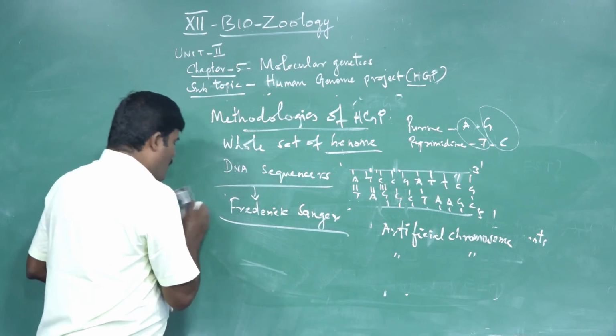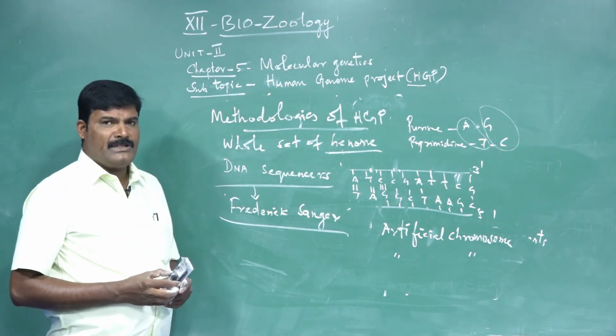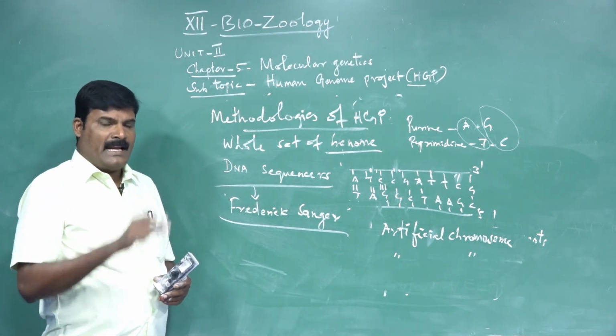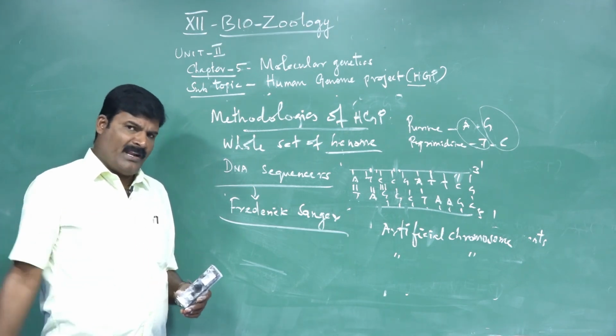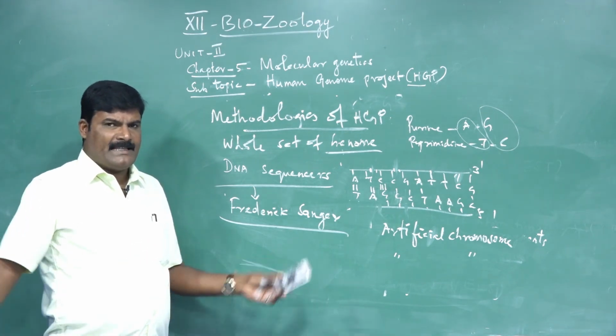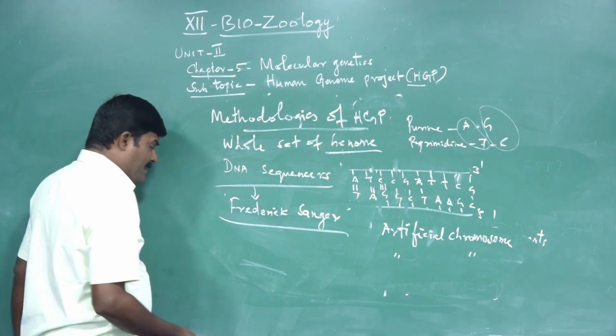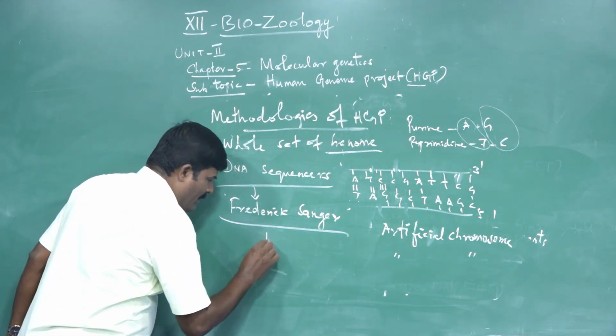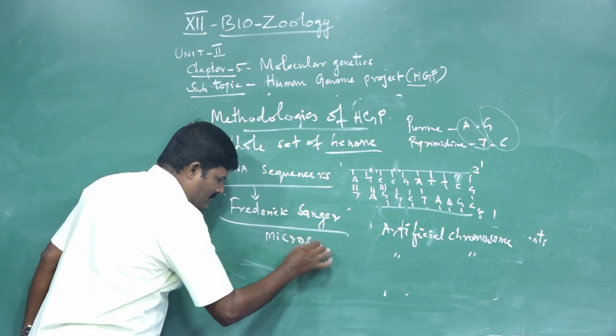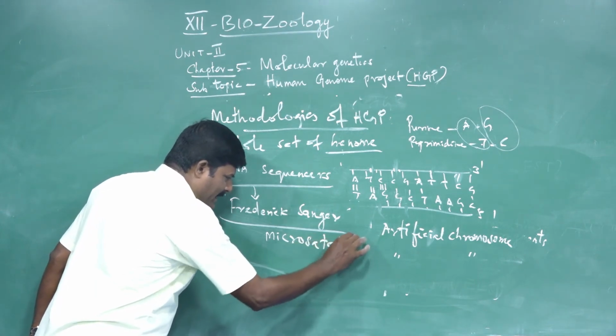Here, the number of copies of DNA genomes are produced. Certain genomes have repeated sequences. The repeated sequences are called microsatellites.